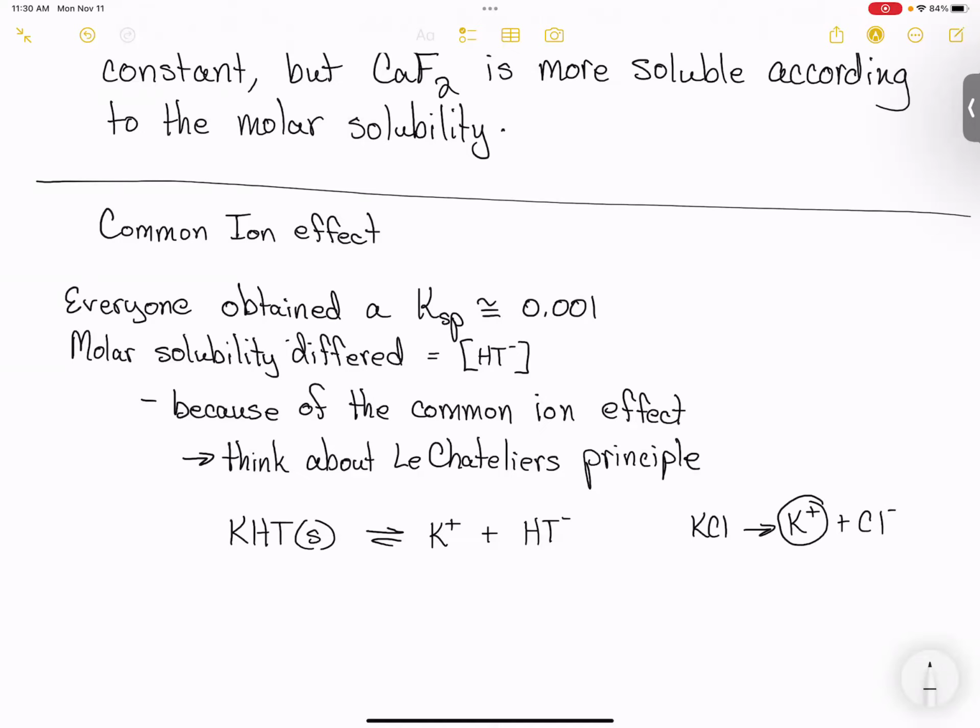So we were adding a product to our reaction equilibrium, which is going to cause the reaction to no longer be at equilibrium. So which way would the reaction have to shift to get to equilibrium? Back towards the reactants.